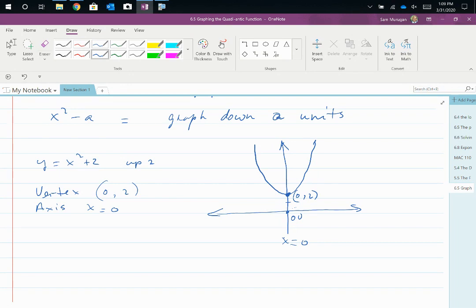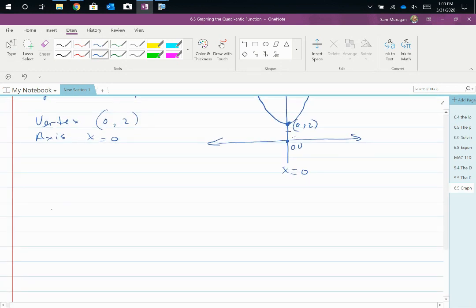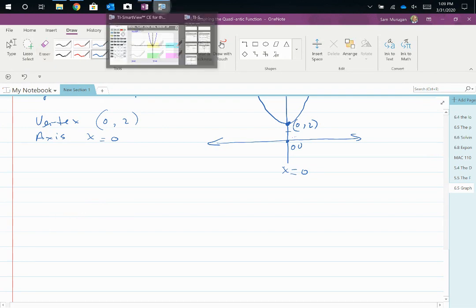Now, if we were to drop the graph down, let's take a graph, say y equals x squared minus 3. By the way, I wanted to make sure that you could see this graph with your calculator as well.